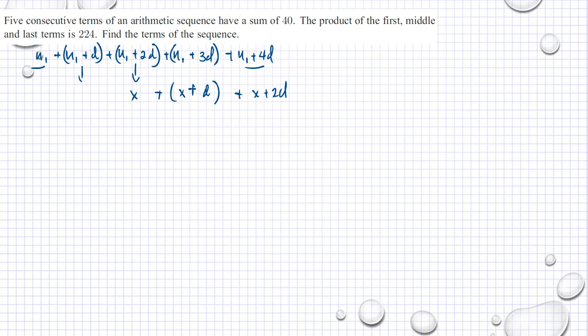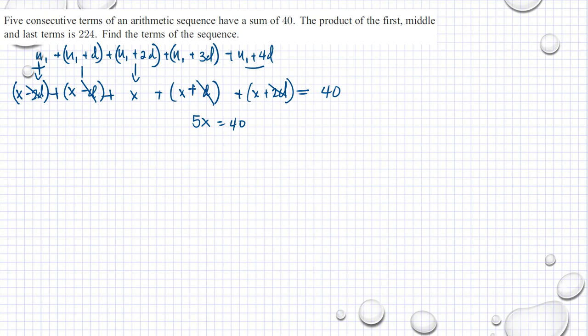And I can rename the previous one as x minus d, and this one will become x minus 2d. If you look at your d's now, they cancel out. Then I have 5x is equal to 40.